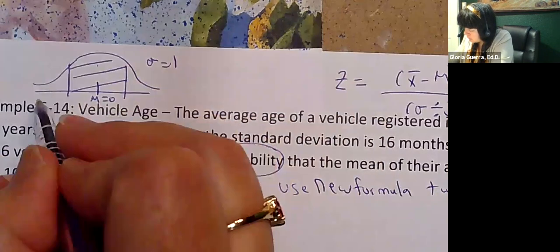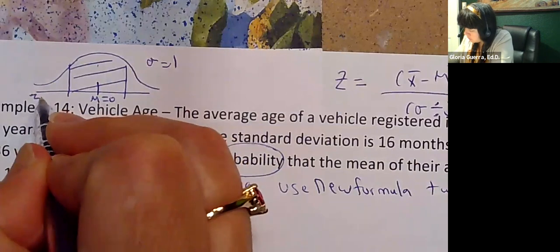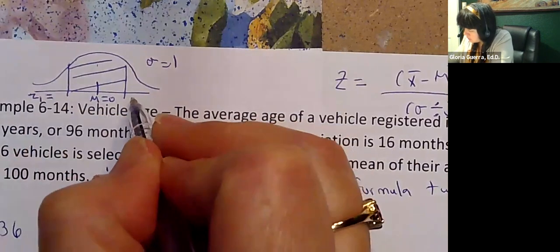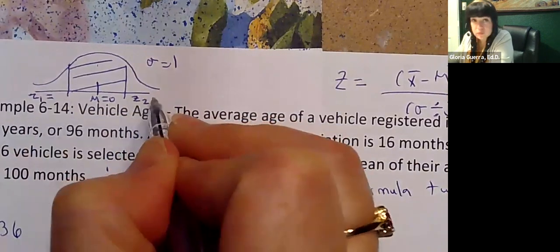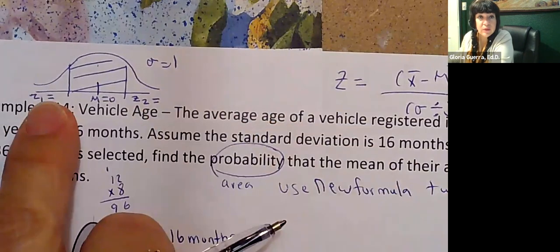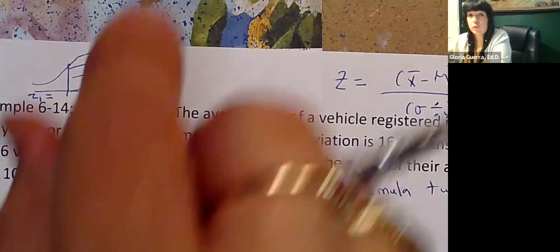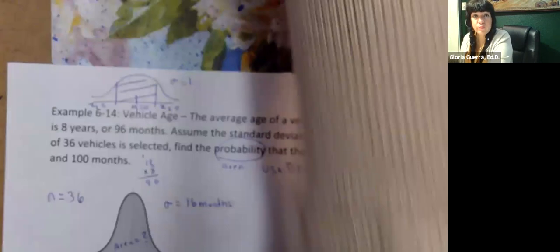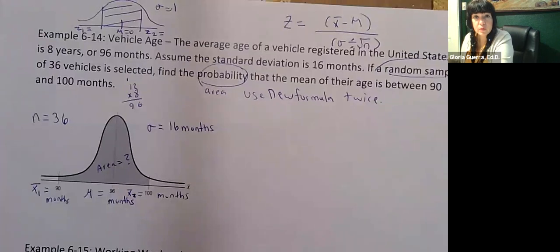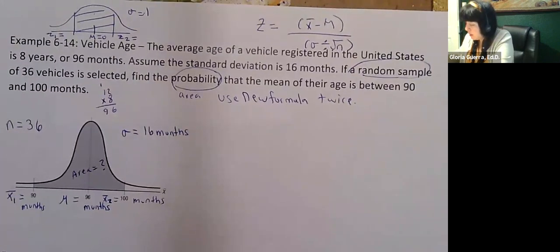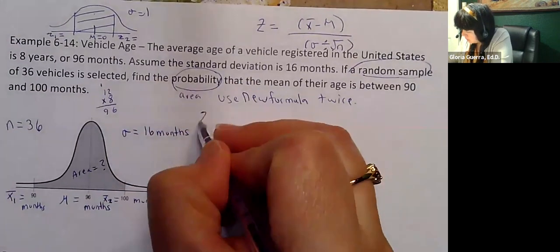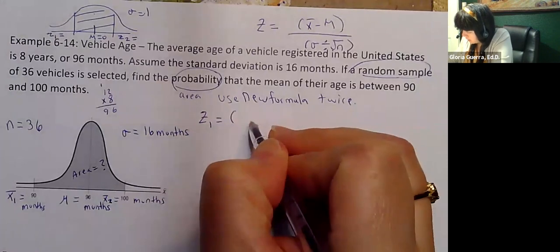This is going to be z sub 1, and then we're going to find z sub 2. So this is z sub 1 and z sub 2. Okay, so we're going to run that through.